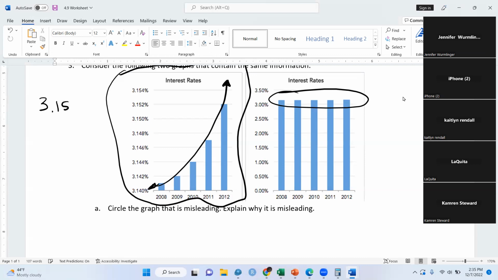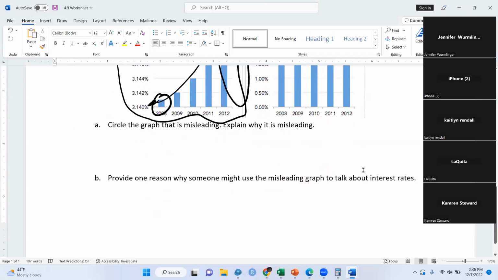Because 3.152 minus 3.140 is a difference of 0.012%. That's the amount of difference between the 2018 value and the 2012 value. But if you don't pause to do that calculation, and just look at the picture, you could be misled.